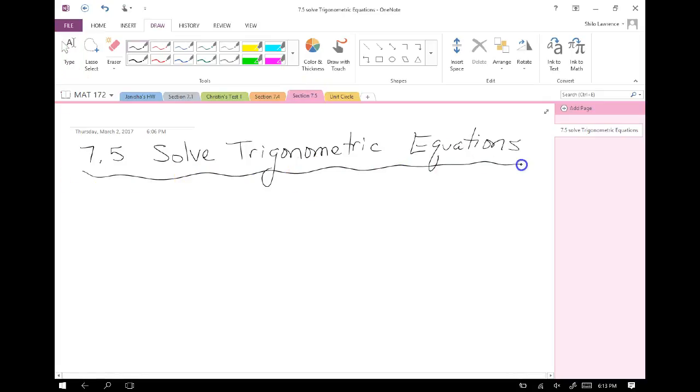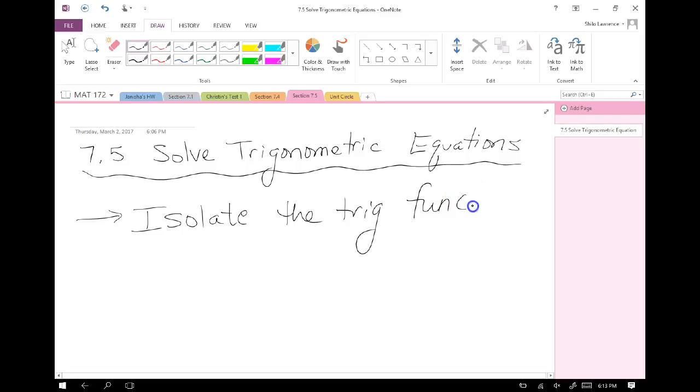So just in general first, our initial goal is to isolate the trig function in the equation. And there's a couple ways that we can do this.